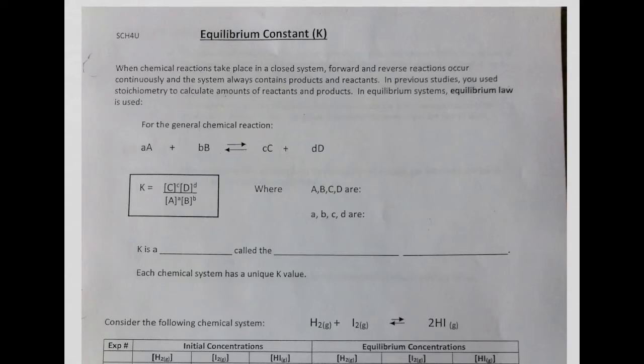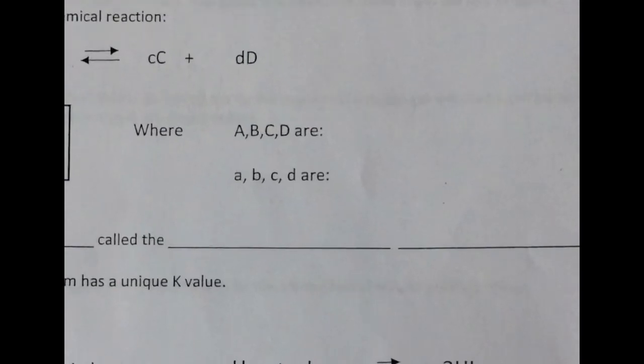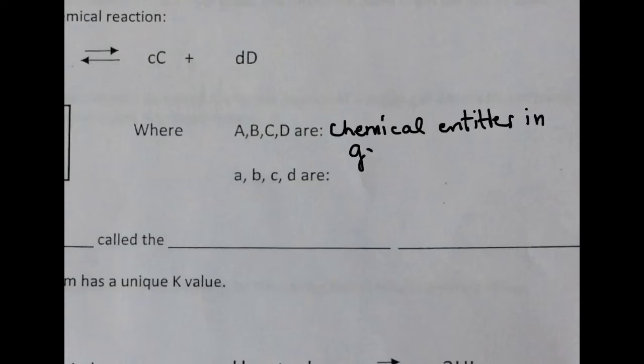The capital A, B, C, and D are the chemical entities in the gas or aqueous phases. The small letters a, b, c, and d are the coefficients in the balanced chemical equation.